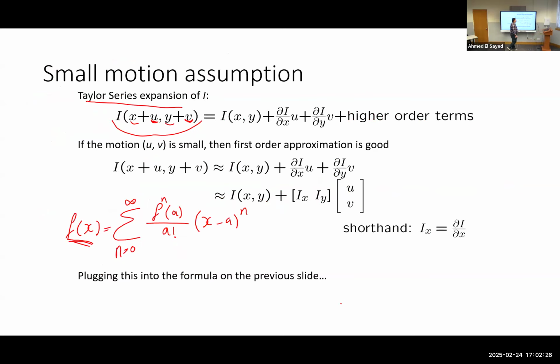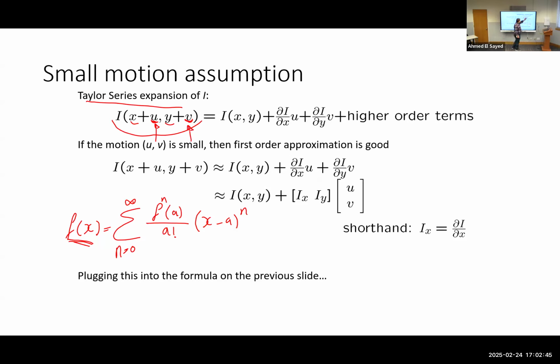Let's do it here. We will do the same Taylor expansion that we did for the sine, but for this function. The only difference is this is 2D. And we will assume that this u and v shift are tiny, very tiny shifts.